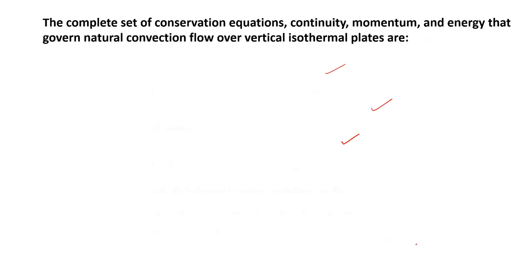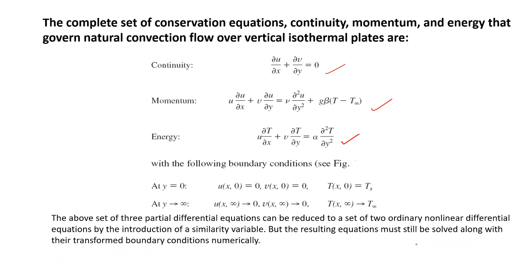So this is the modified form, and we have to remember these two boundary conditions: at y equal to 0, the velocities in x and y direction are equal to 0, and temperature is equal to the surface temperature of the plate. At y equal to infinity, that is the boundary layer thickness, again the velocity is equal to 0 and temperature is equal to the ambient temperature of the surroundings.